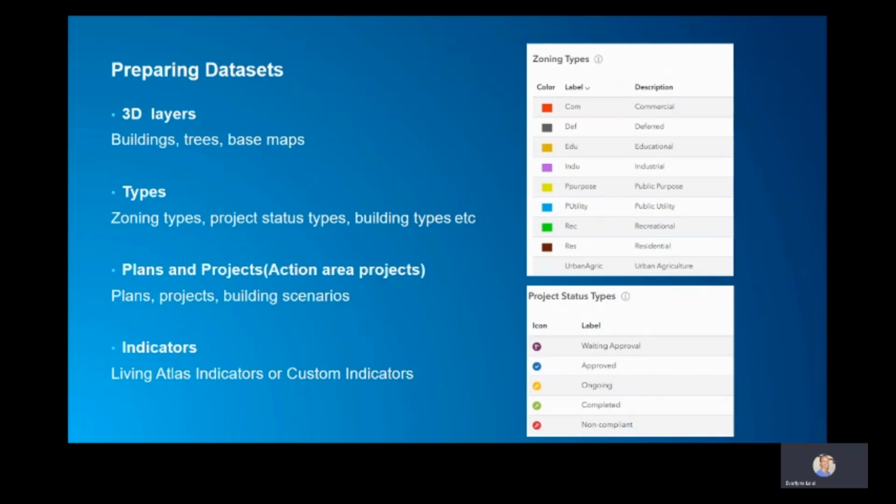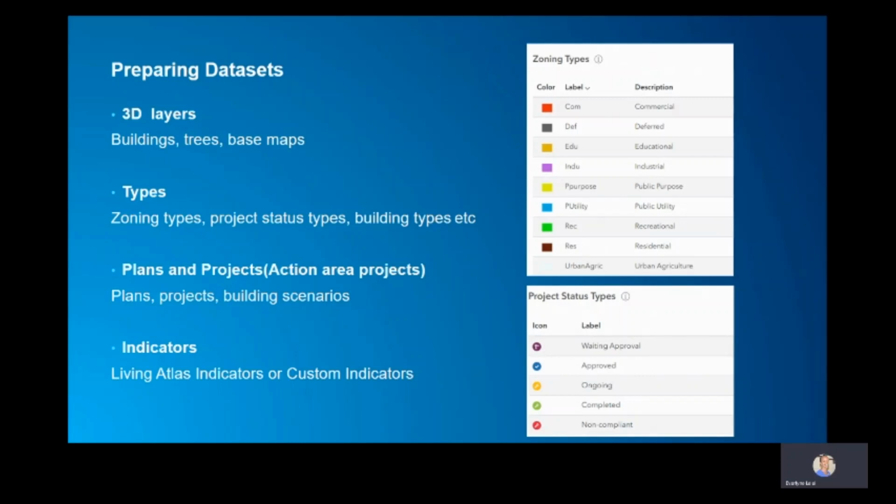Then the next type of data set is what we call types. We have different types: zoning types, project status types, building types, space use types. So for you to get started with working with ArcGIS Urban, you need to define these types. If you're working in an area, you need to define the zoning types of the area that you're working in.